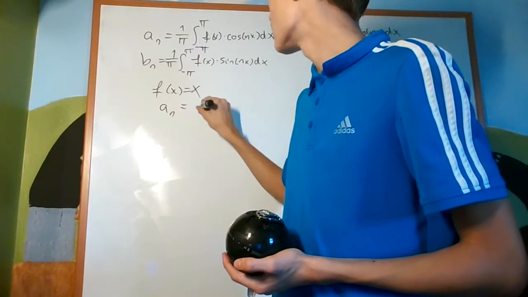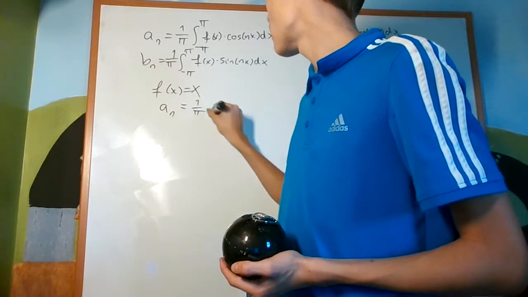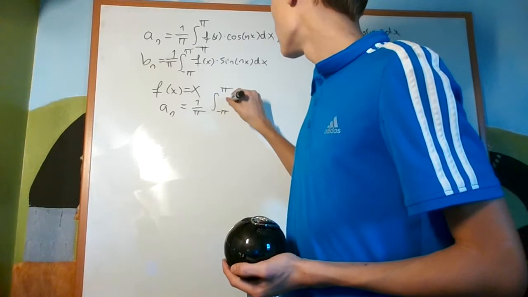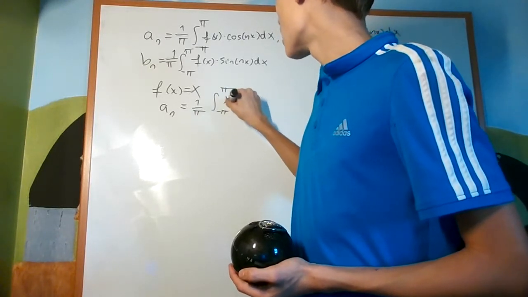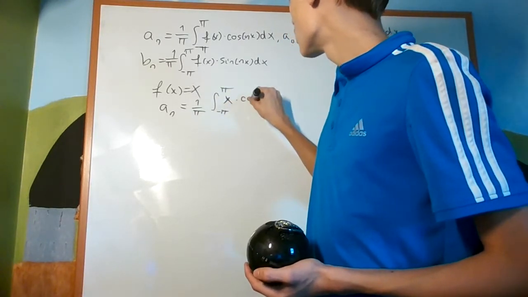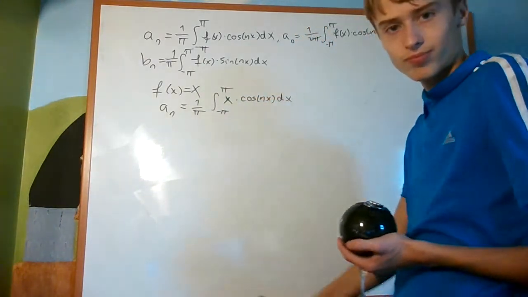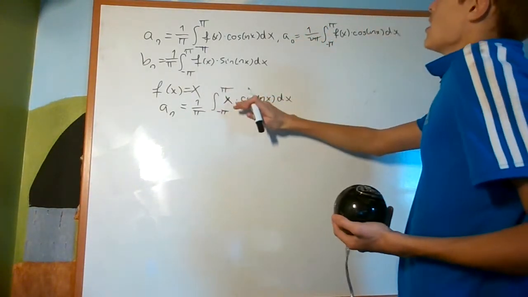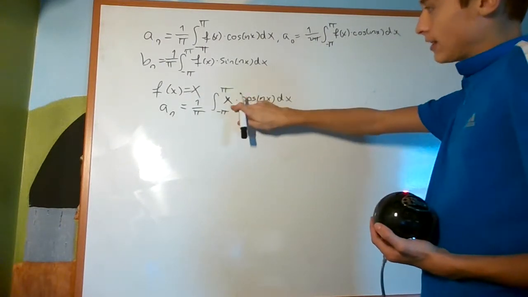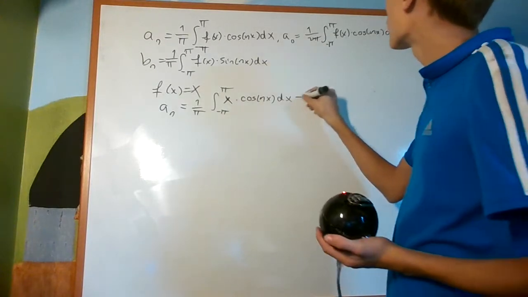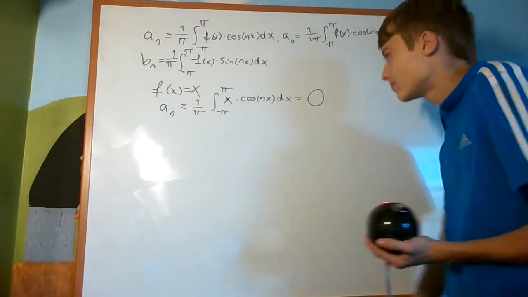An is going to be 1 over pi, integral negative pi until pi. What's f of x? It's going to be x times cosine nx dx. This right here, the inside, is an odd function. Just as we discussed before, this integral will go to 0.